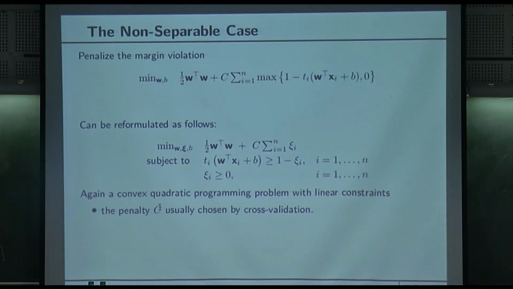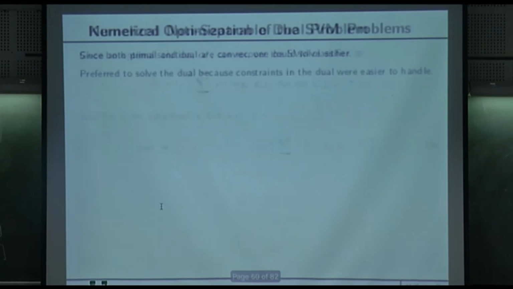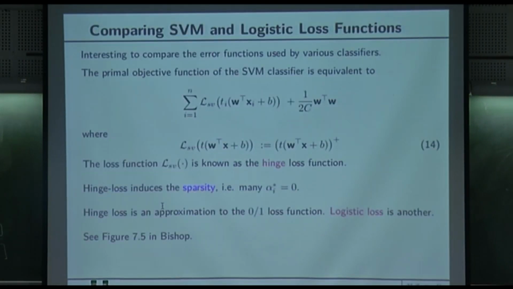And the reason I want to do this is because it has a nice connection to other kinds of machine learning problems. So I don't want you to think about SVM as being something completely separate. So one way to think about this problem of SVM is the following.